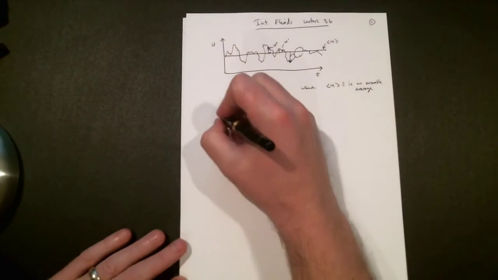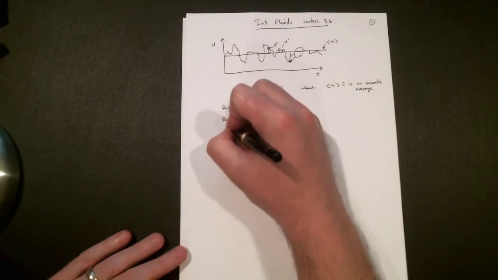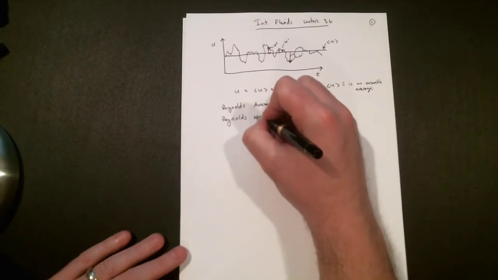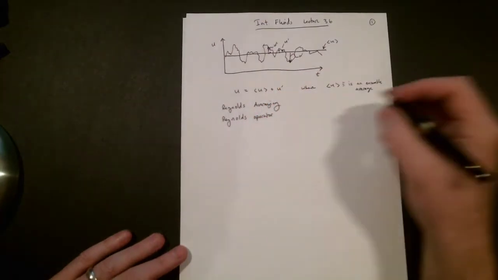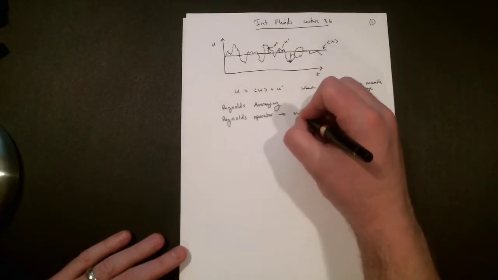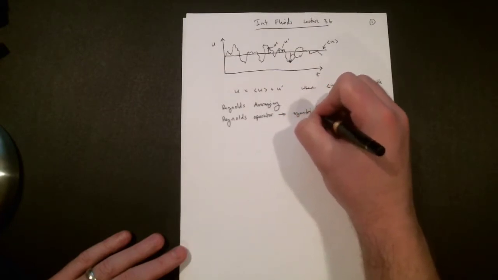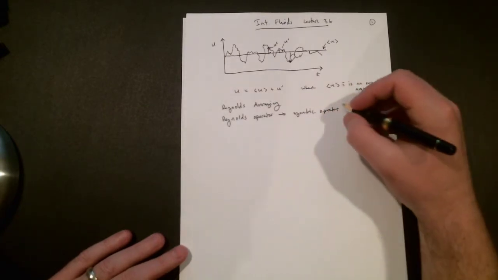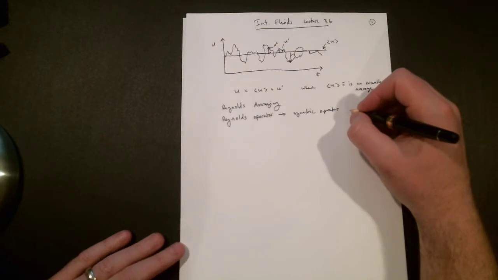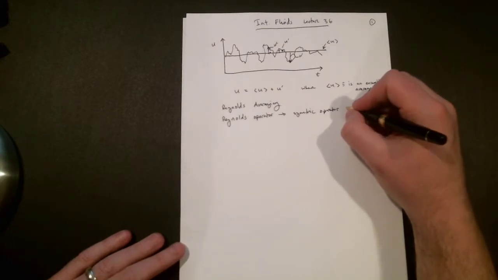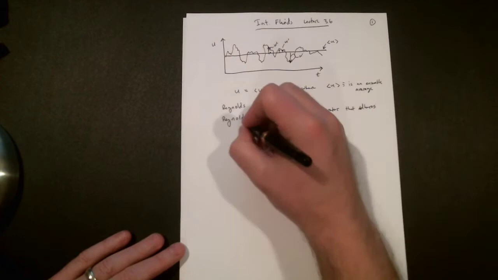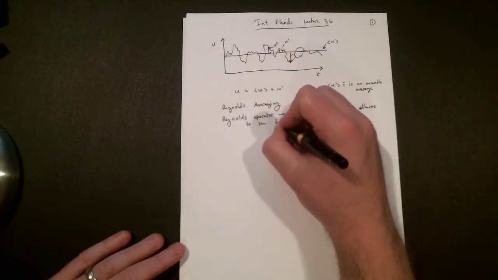And a Reynolds operator is basically a symmetric operator that commutes, or basically adheres to the following rules.